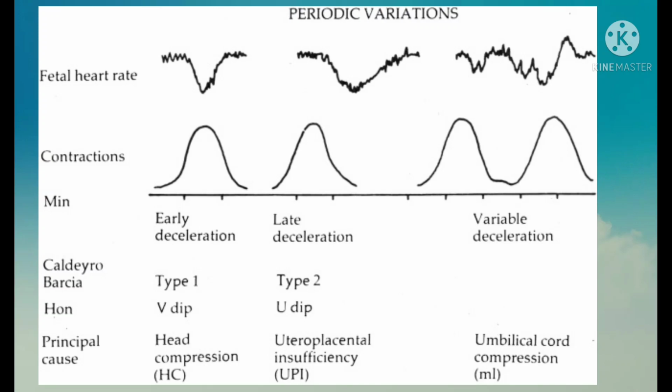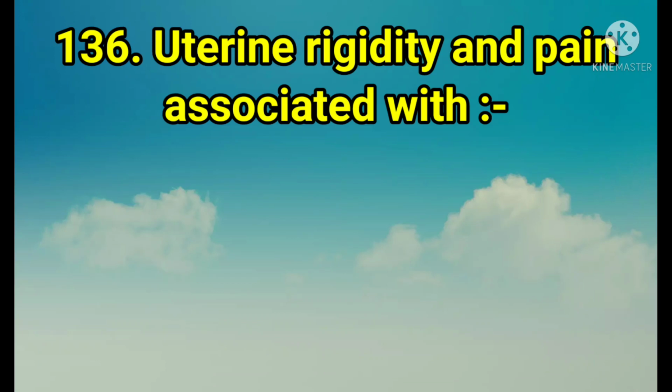UPIയിൽ കാണുന്നതാണ് ലേറ്റ് ഡീസലറേഷൻ. നെക്സ്റ്റ് ഈസ് വേരിയബിൾ ഡീസലറേഷൻ. മെയിൻലി സീൻ ഇൻ അംബലിക്കൽ കോഡ് കംപ്രഷൻ. ആ പിക്ചറിൽ കാണുന്ന പോലെയാണ് ഡീസലറേഷൻ. ഏർലി, ലേറ്റ് ആൻഡ് വേരിയബിൾ ഡീസലറേഷൻ ആണ്. ഒരു വേർഡ് കൂടിയുണ്ട് ഇതിൻ്റെ ഇടയിൽ, നാഡിർ, ദാറ്റ് ഈസ് NADIR, ദാറ്റ് ഈസ് ഹയസ്റ്റ് പോയിന്റ് ഇൻ ദ കൺട്രാക്ഷൻസ് ആണ് നാഡിർ. ടൈപ്പ് ഓഫ് ഡീസലറേഷനും കണ്ടീഷനും പഠിച്ചു നോക്കുക.